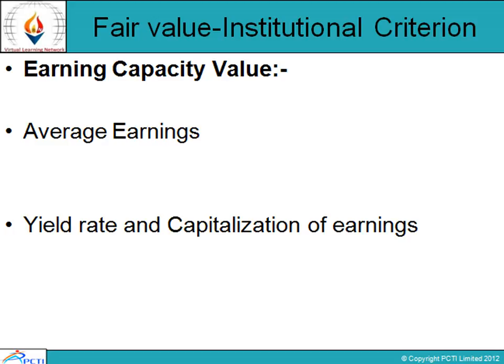Another is yield rate and capitalization of earning. Here the expectation of yield would vary from time to time. From the institutional point of view, the rate of return on long-term loans, the dividend rate on preference share capital, and the interest rate paid by companies on term deposits from the public would be the major indicators. Furthermore, the yield on equity shares has to be higher.